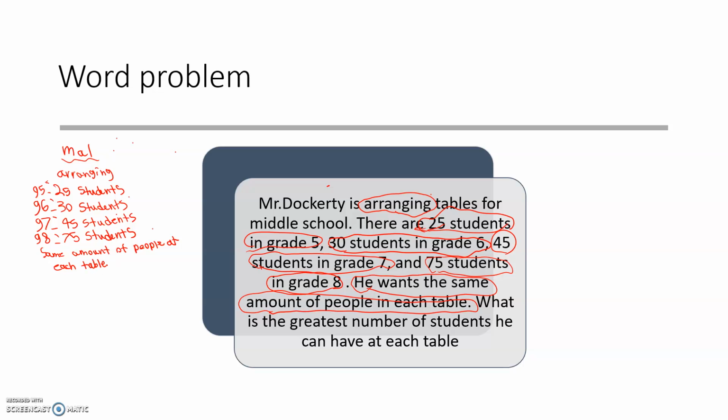And also the question, basically: what is the greatest number?